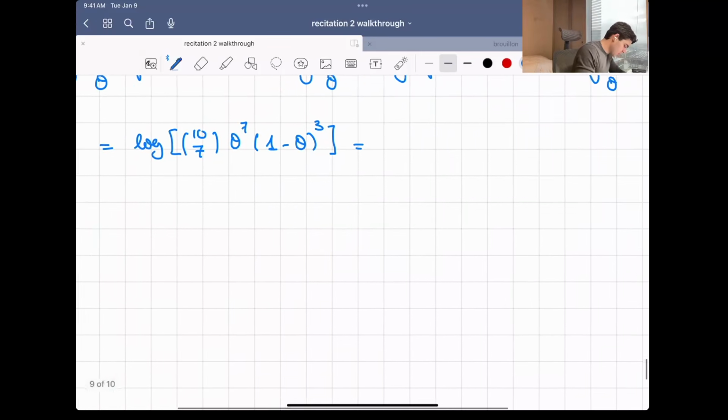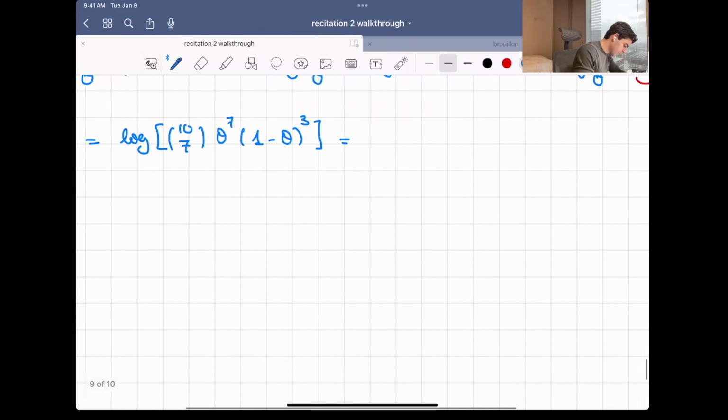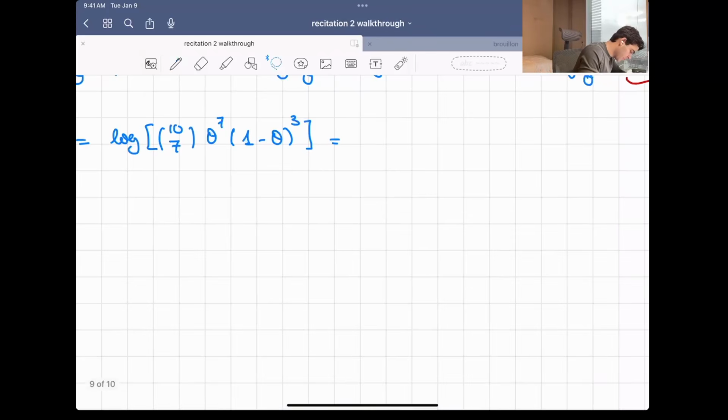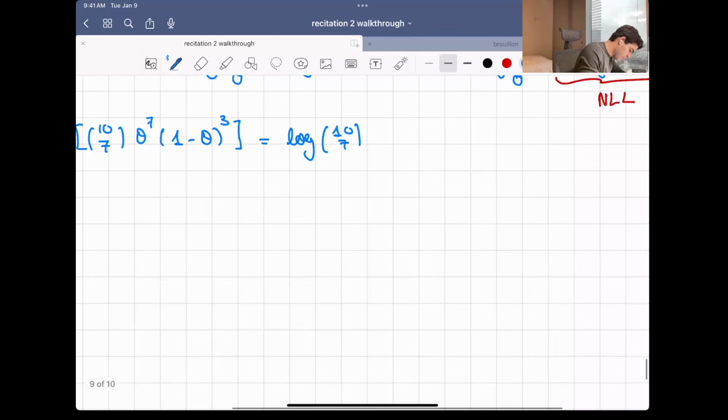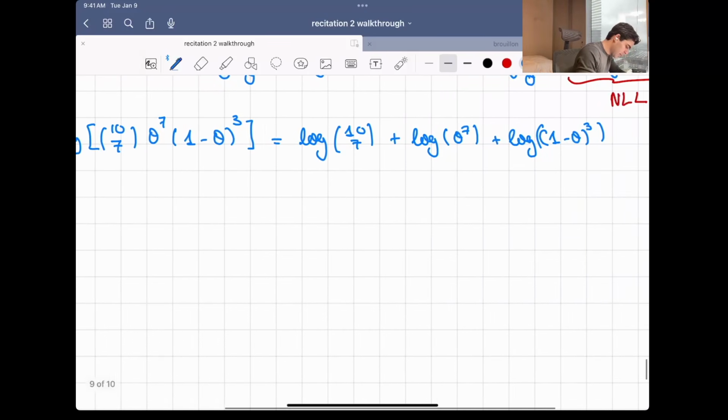The log of the likelihood is log of 10 choose 7 plus log theta to the power 7 plus log 1 minus theta to the power 3. Why is that?